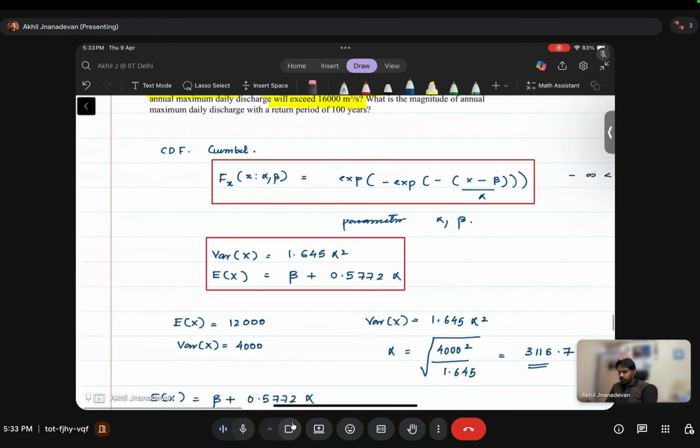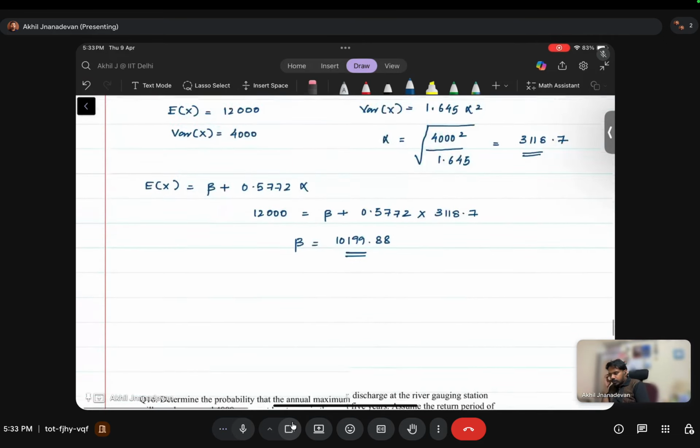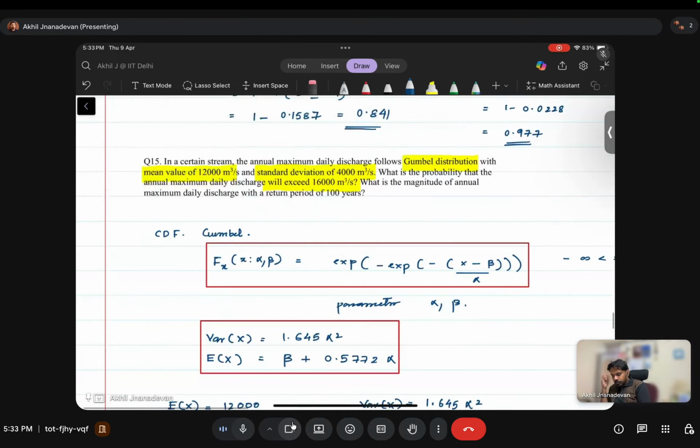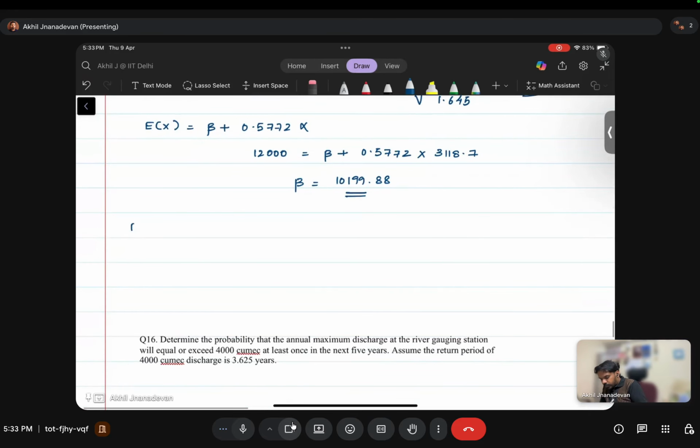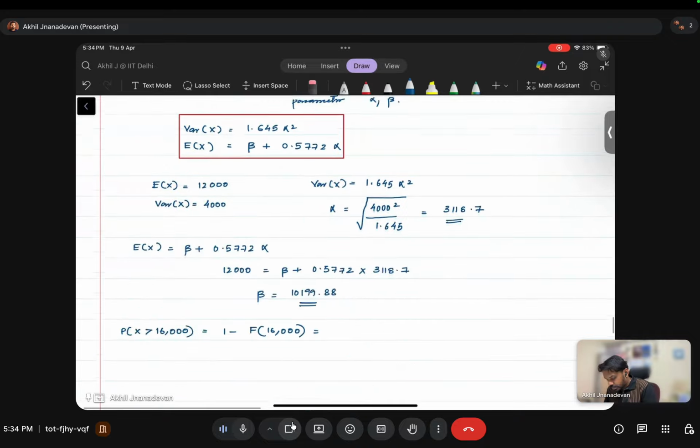Now we need to substitute to get the required probability. The first part of the question is the probability that the maximum annual discharge exceeds 16,000. So P of X exceeding 16,000. We can write this as 1 minus the cumulative distribution, P of X less than or equal to 16,000. This cumulative distribution equation I've already given to you, so we can just substitute.